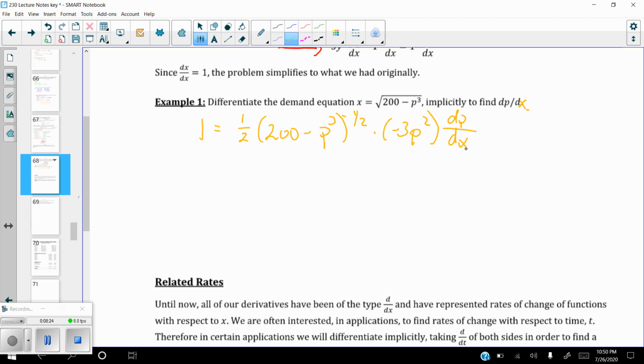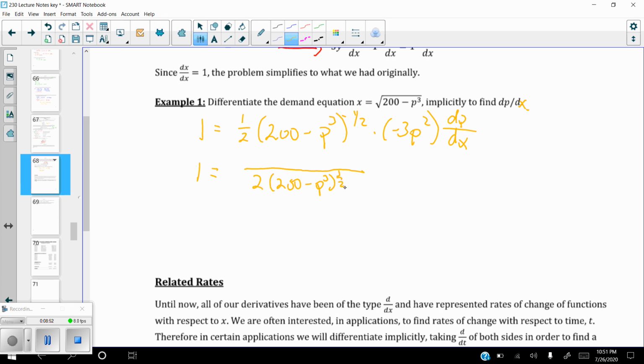Now this is not going to look very clean the way we're going to do this, but we're going to try and clean it up a little bit. So the 200 minus p cubed to the negative 1/2 is going to drop into the denominator because the negative power puts it in the denominator. So I know I'm going to have a 2 in the bottom, and then 200 minus p cubed to the 1/2 power. I could have written that as a square root.